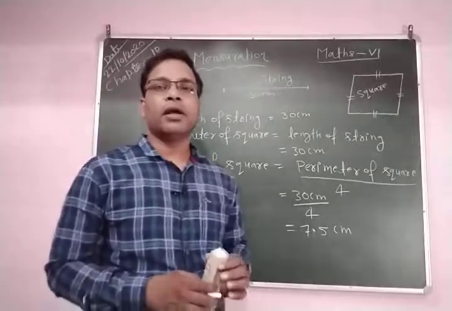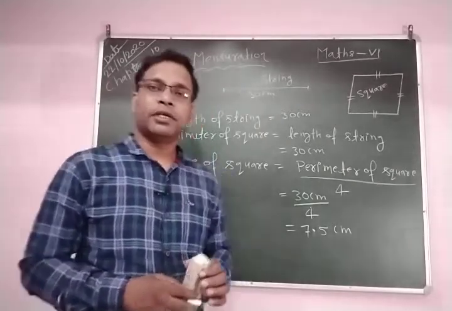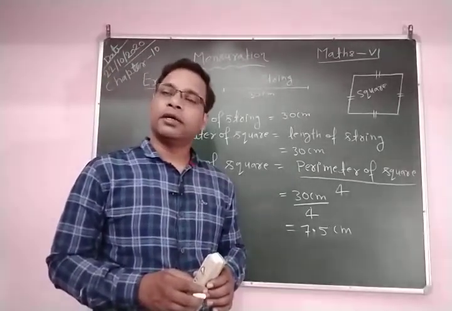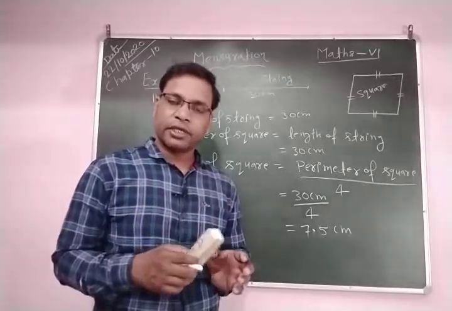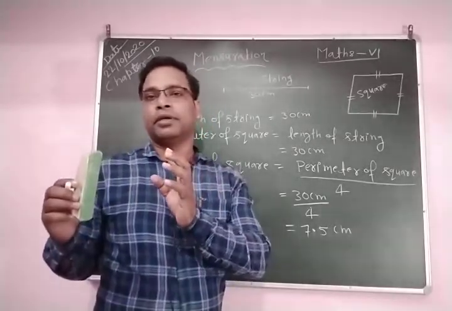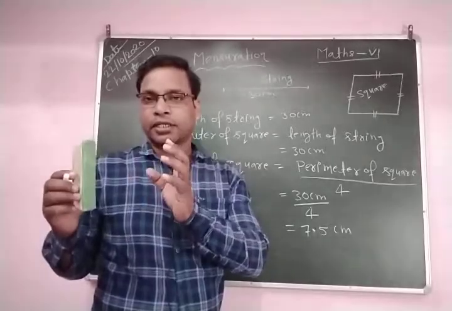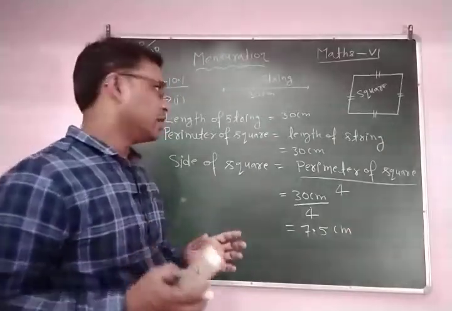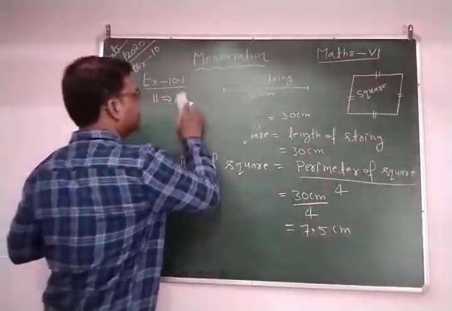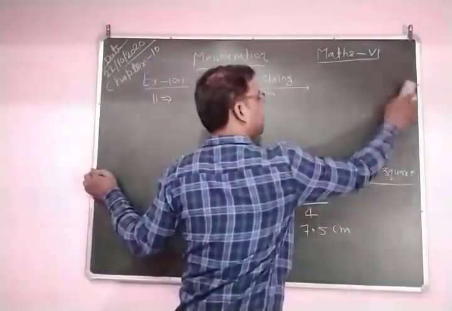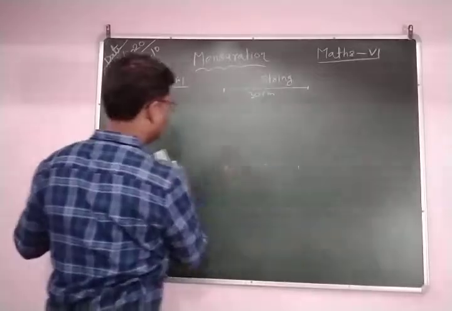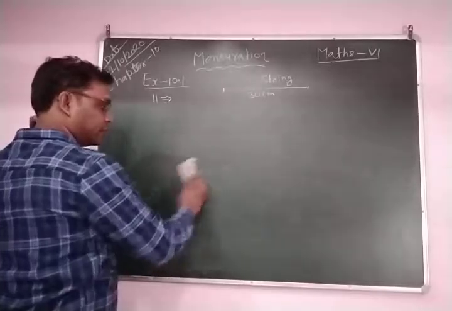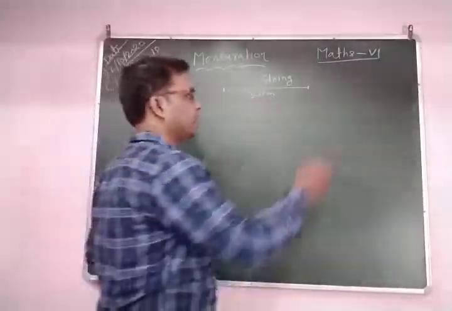Okay, so let's see how to find the side of an equilateral triangle whose perimeter is given as 30 centimeters. This 30 centimeters is the length of the string, because this equilateral triangle is made by the given string. Again, it is given that the length of the string is 30 centimeters, and this string forms an equilateral triangle like this.